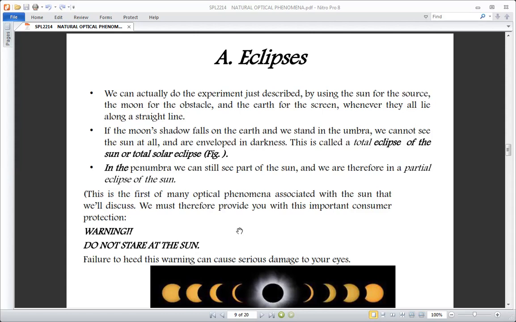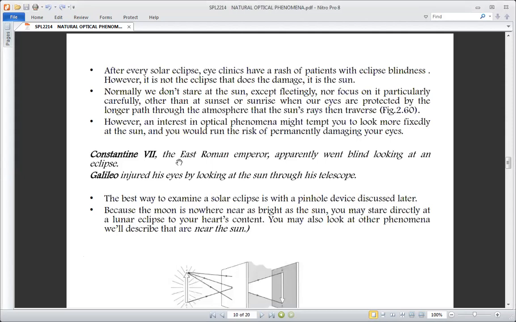But when you do that, you are exposing yourself to direct rays from the sun, which is prohibited even without the eclipse. There are instances where people have done that and have been reported to go blind or seriously damage their eyes.